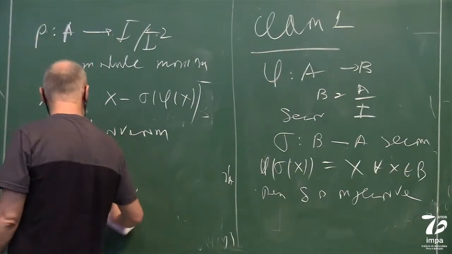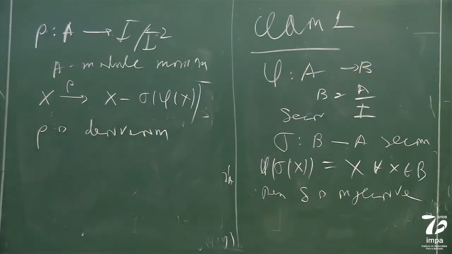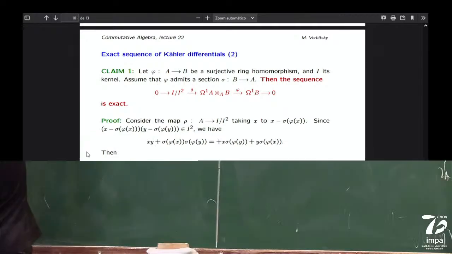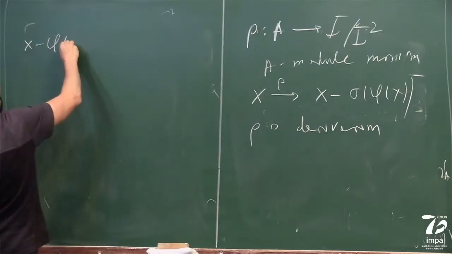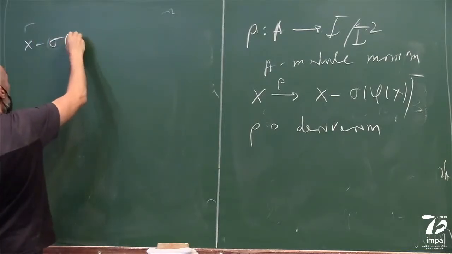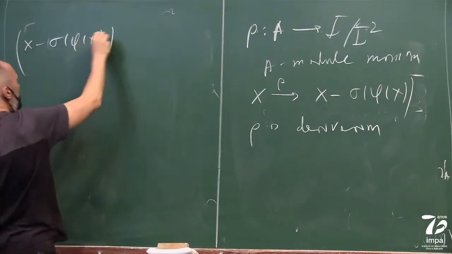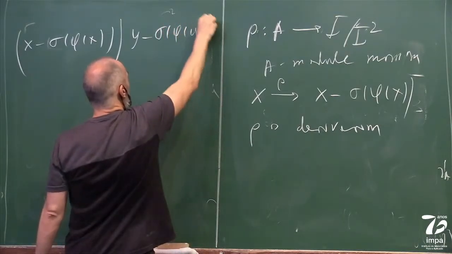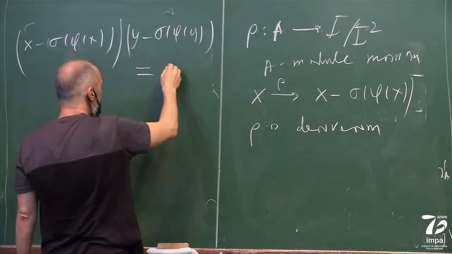It's a simple computation. So first we notice that if you take x minus σ of φ of x and multiply it by y minus σ of φ of y, this belongs to I squared.